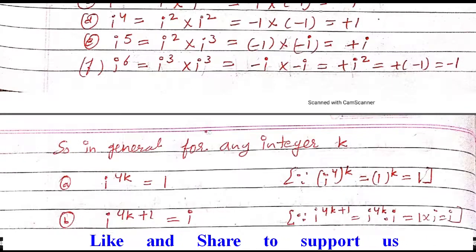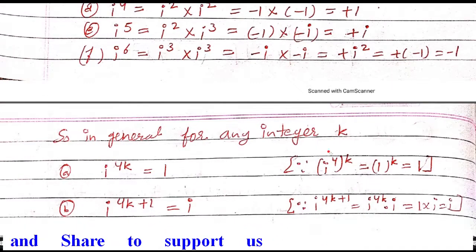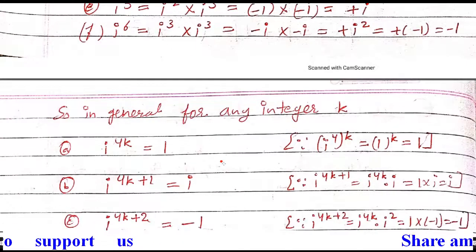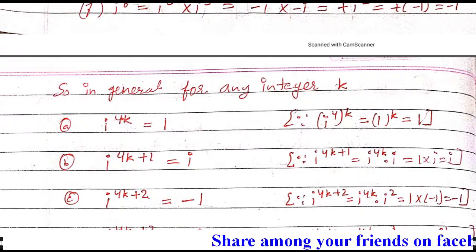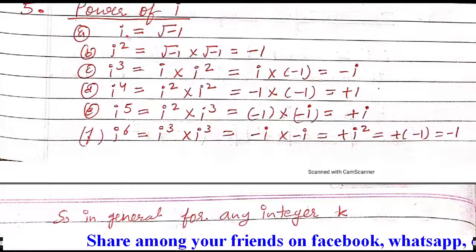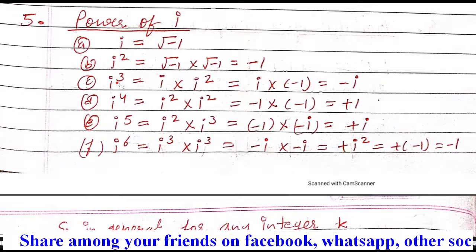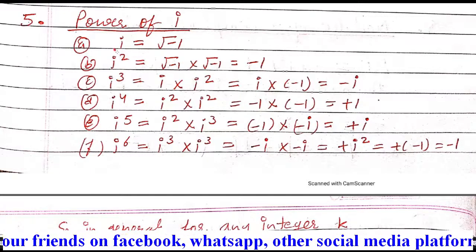So in general, for any integer k, if we have any power, how can we find it? For that, the general formula is to write the power in the form of multiples of 4. Up to 3 there is no option, you have to learn. Up to power 3 you have to learn; there is no short trick for it.